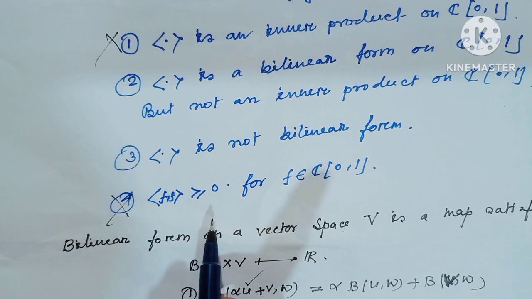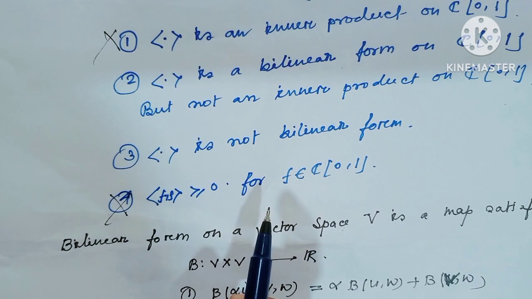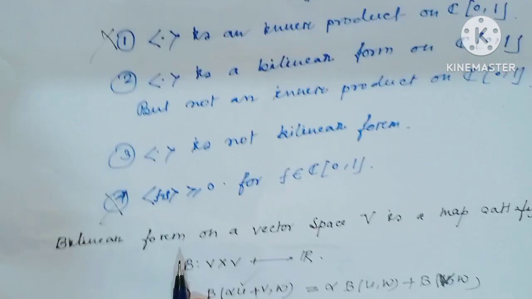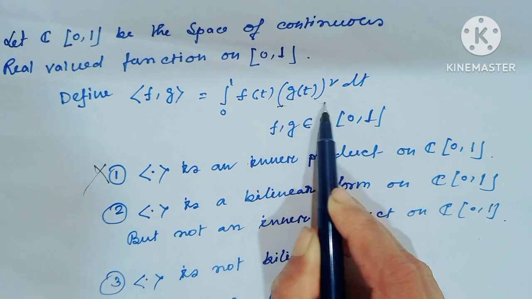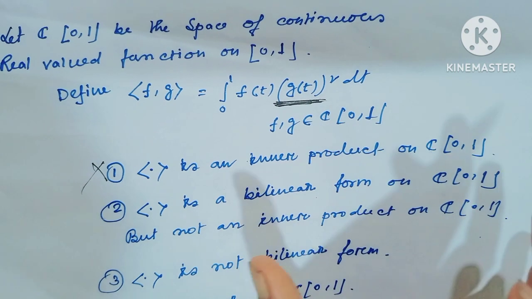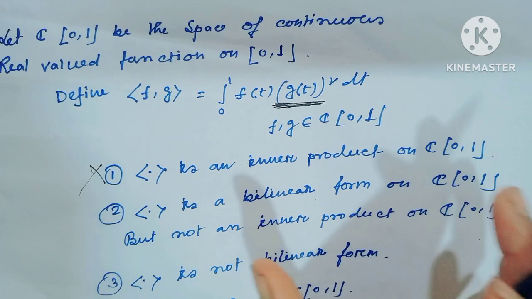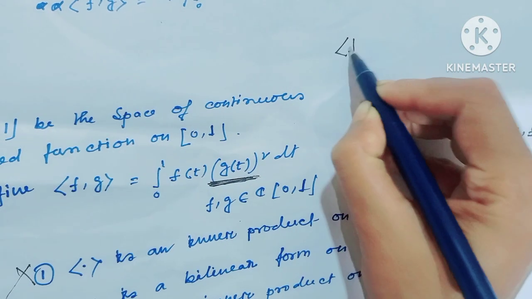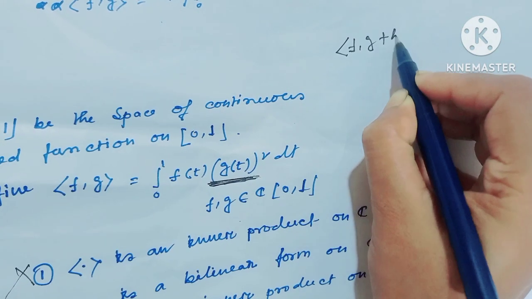Now I will check, is it a bilinear form? Since here we have the square term g(t) whole square, this is not bilinear. Consider inner product of f comma g plus h.